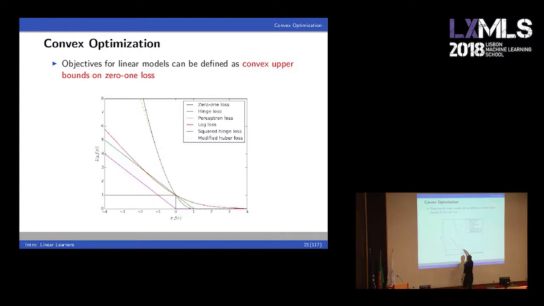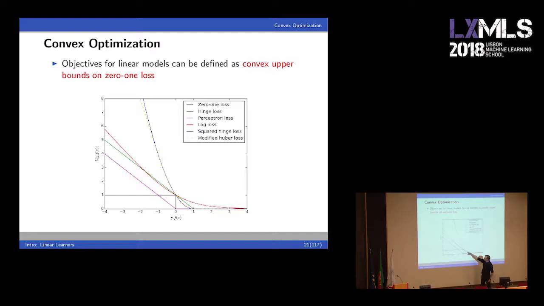The intuition is different between, let's say, perceptron, hinge loss, and log loss. They penalize correctly classified examples differently. The 0-1 loss has a 0 loss if you do a correct classification.